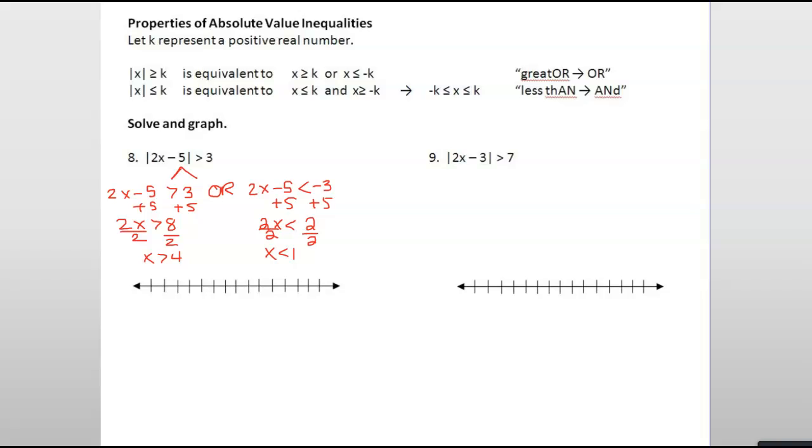So it's an "or" problem, so they can be opposite or overlapping. In this case, if we put on our number line 0, 1, 2, 3, 4, 5, and 6, I have x less than 1, so it's an open circle at 1, shading left. Or I have x greater than 4, so it's an open circle at 4, shading right.